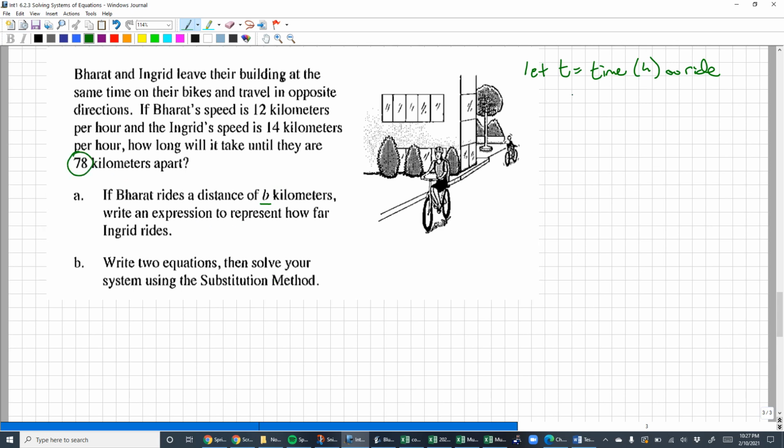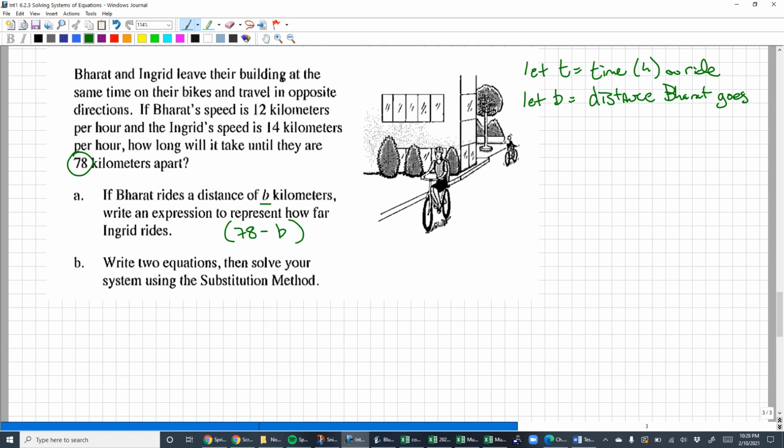So I'm going to write a variable and say let b equal the distance Bharat goes, and I'm going to write Ingrid. The distance Ingrid goes is whatever 78 minus Bharat's distance is. So even though we haven't created a third variable for it, we can actually represent how far Ingrid goes by saying it's got to be 78 minus b.